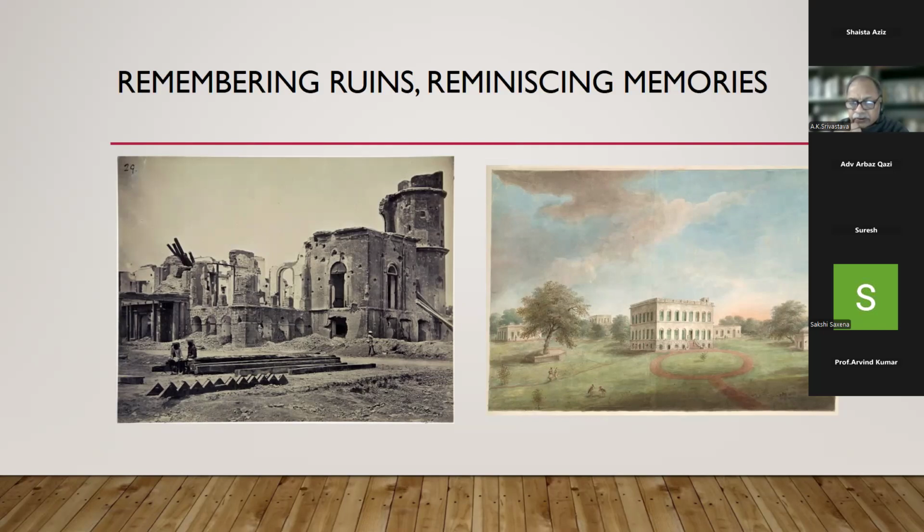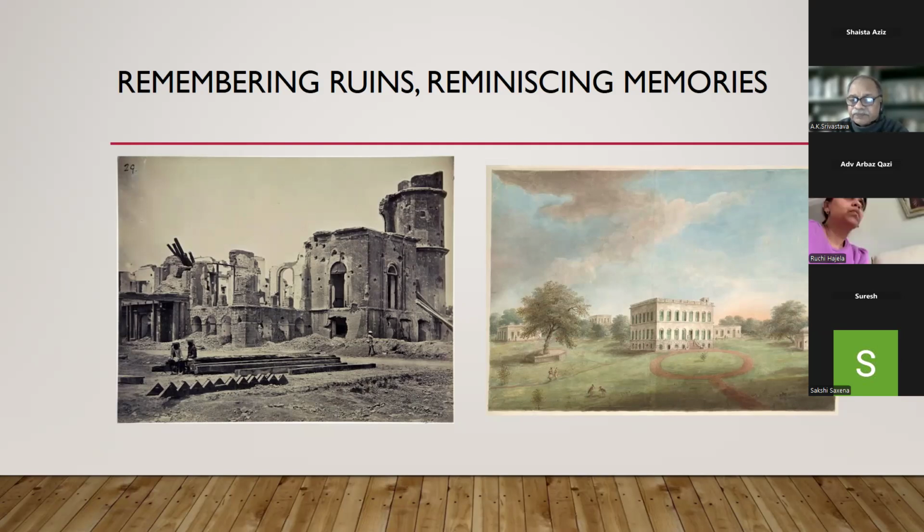Was it because of the central location of the residency? No, the first thing is it was very closely located to the court, so a lot of persons who were unhappy with the court would always come to the Resident. That is why the Nawabs wanted it to be away from the center of the city, close to the side of the city.